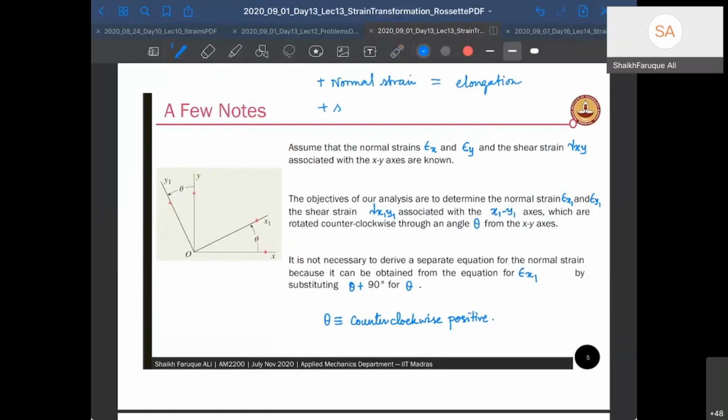Positive shear strain is when the resultant angle is less than 90 degrees. All right. And counterclockwise rotation in your plane is considered to be positive. So we are looking at a 2D plane transformation here also.